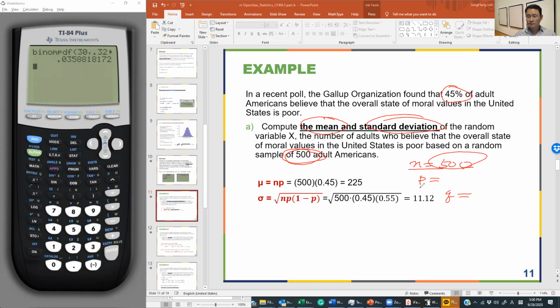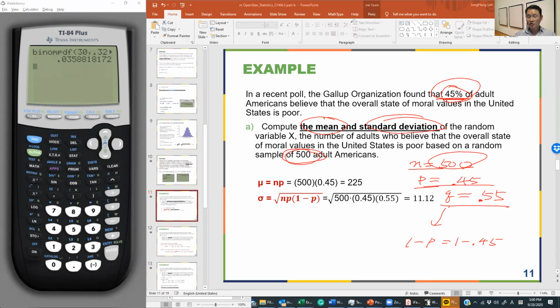P, probability of success for each case, right here, 0.45. Q, remember Q is 1 minus P, which is 1 minus 0.45, which is 0.55.